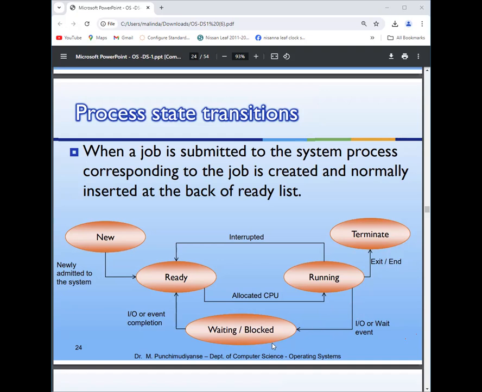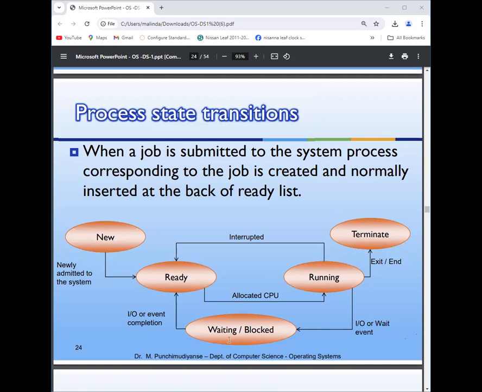There can be a list of processes that are blocked because of waiting for a user input, or waiting for an IO event, or waiting for another process to give some output. So then it will wait.